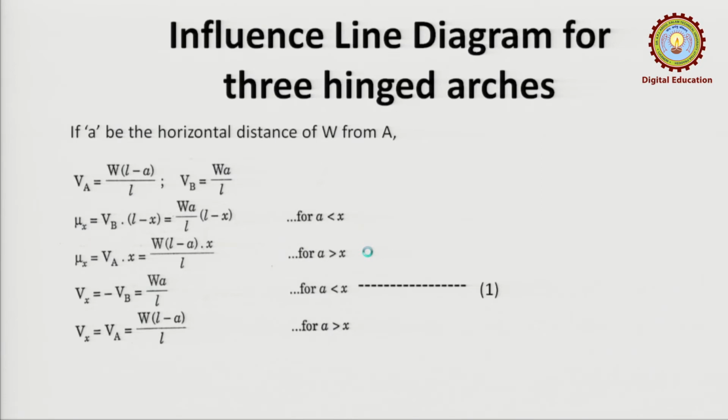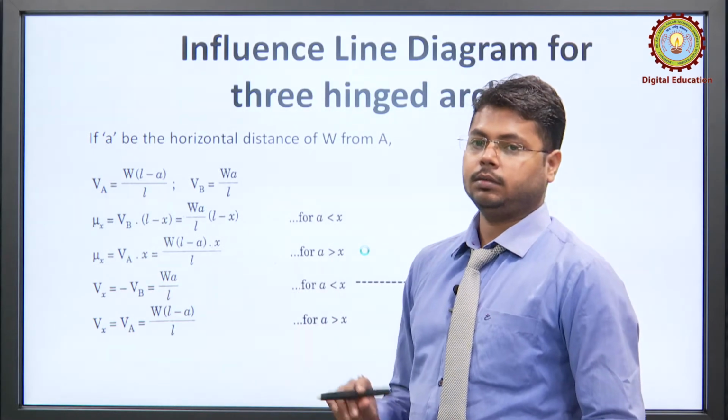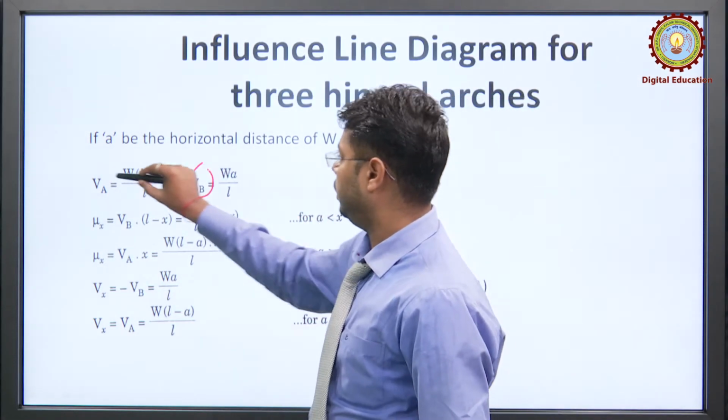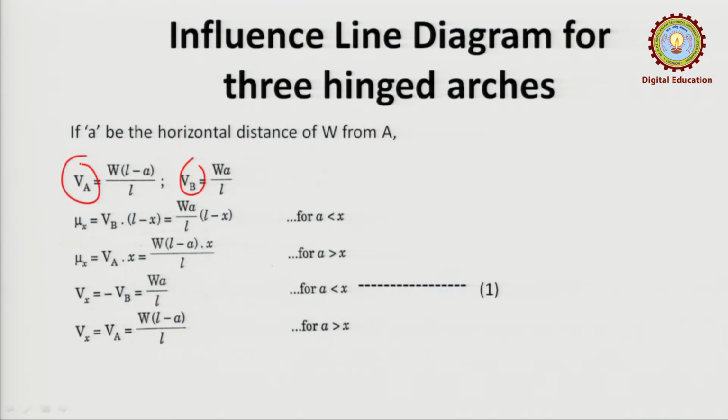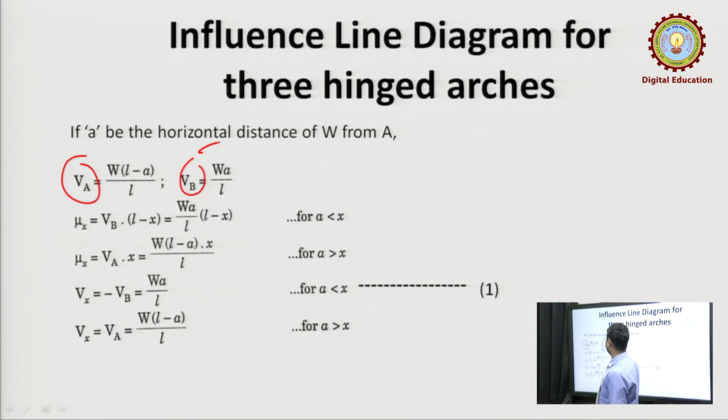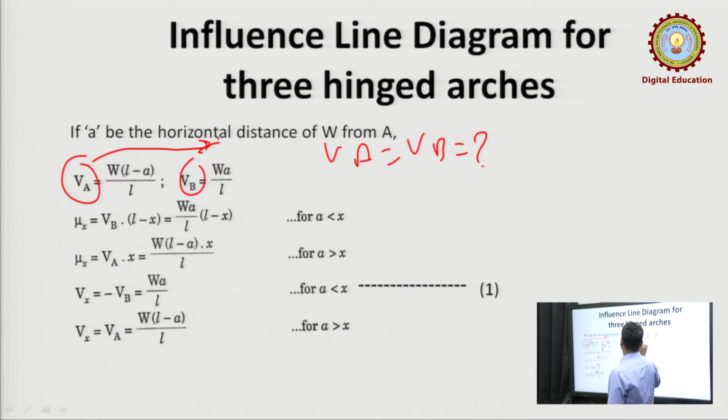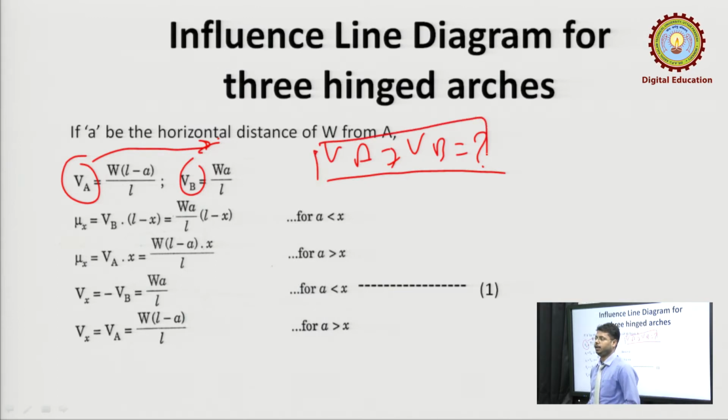For drawing the shear force and bending moment ILDs, first we find the reactions, vertical and horizontal, as always we do. First we have to find the reactions VA and VB.